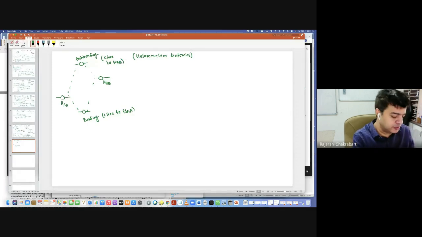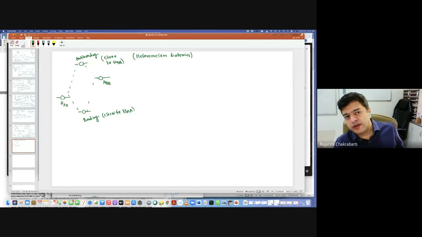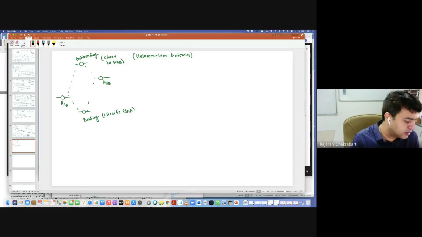This is another thing you should remember. So bonding MO is closer to HA and anti-bonding is closer to HB. Is this clear? This is how it is.